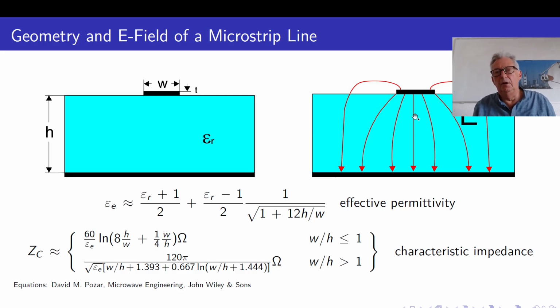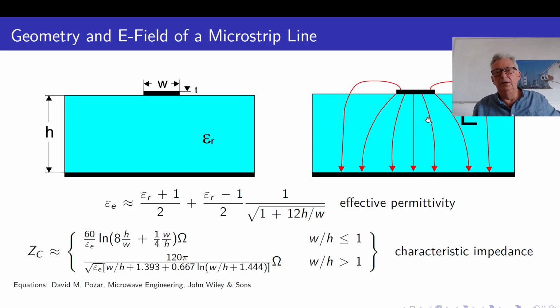Of course, this is not an exact sketch of the electric field, but I want to point out here that parts of the electric field will go through the air region, and not all electric field is concentrated in the substrate.